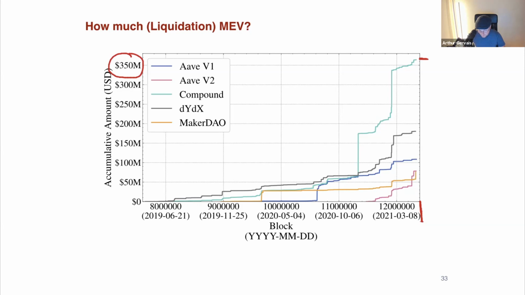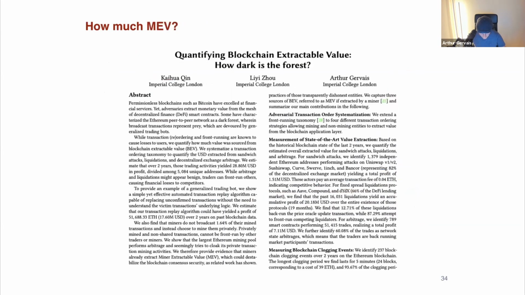As I said, liquidations is not the only MEV source. There might be arbitrage and many other examples. For the full details and the different MEV sources, I can recommend you check out our paper, Quantifying Blockchain Extractable Value. We explain all the metrics and assumptions that we use to get those numbers.